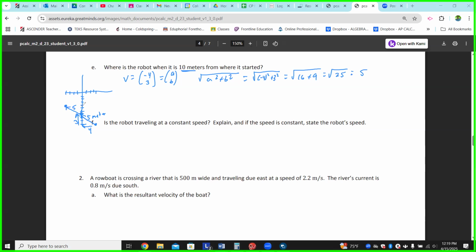Perfect. But again, let's say you have a bad drawing, you're just not a good drawer. You do realize it needs to be 2 seconds. Then we can just plug it into that equation.